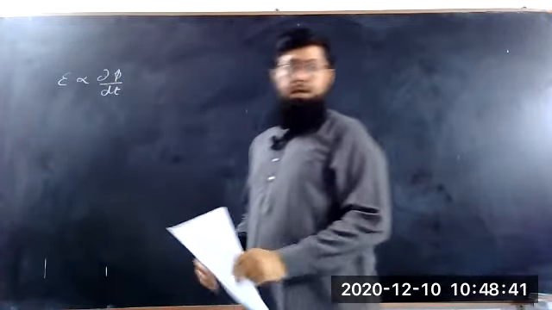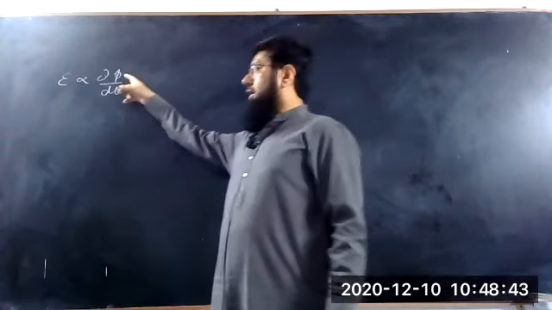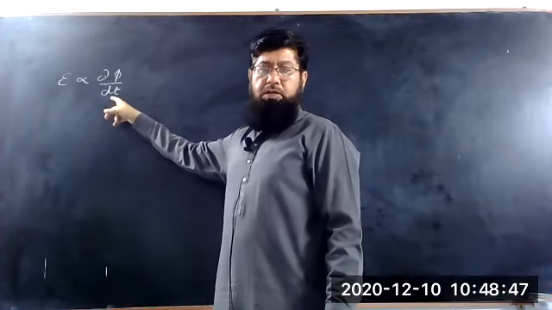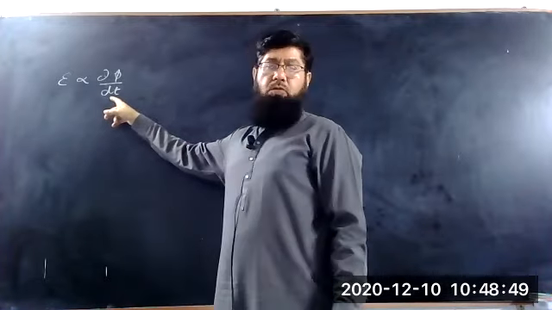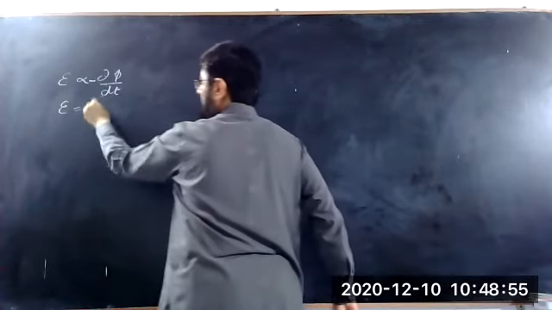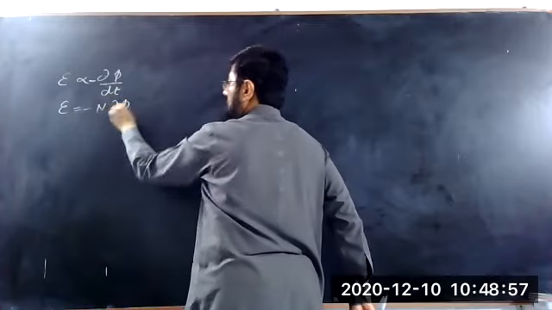It means if the flux through the coil is changing with time, it will generate an EMF in the coil. So this EMF is directly proportional to the rate of change of flux through the coil.